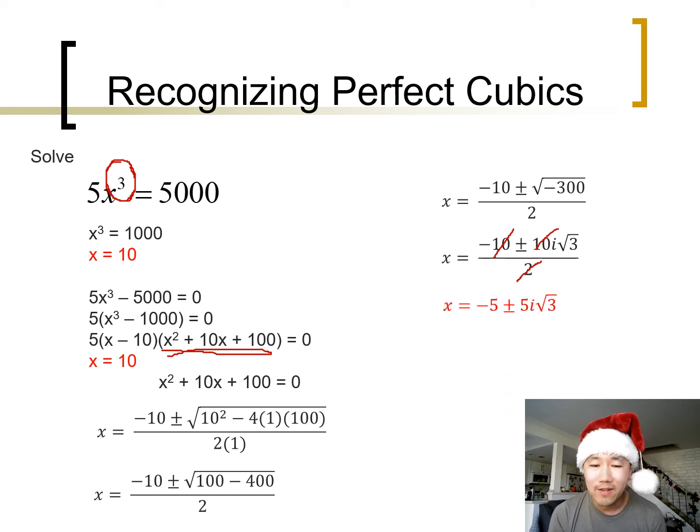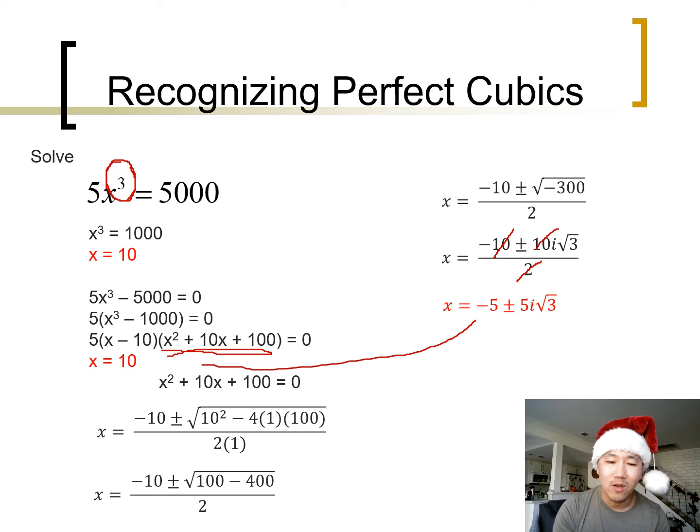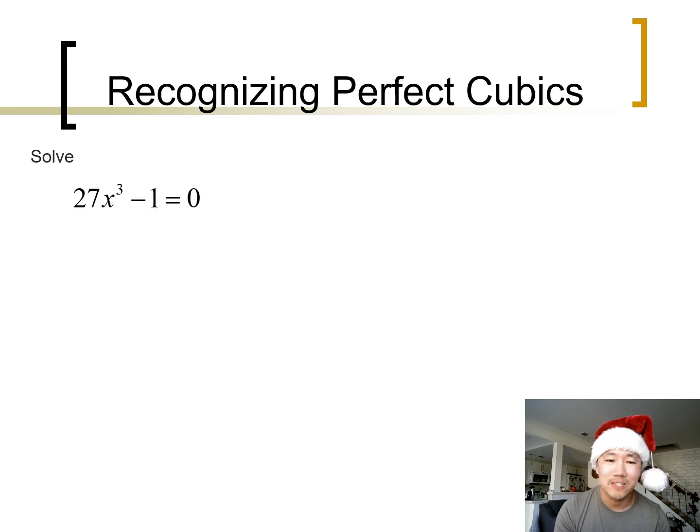And there's our final answer. x equals negative 5 plus or minus 5i radical 3. So that, along with this 10, gives us our 3 answers. How fun! Let's just do another one of those again to make sure we got this concept.